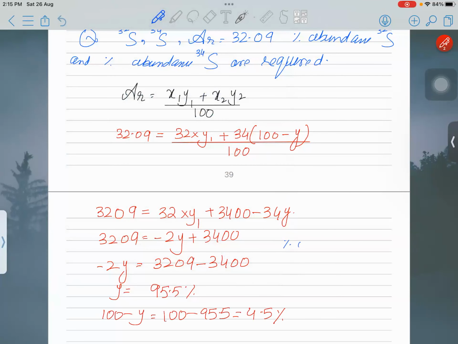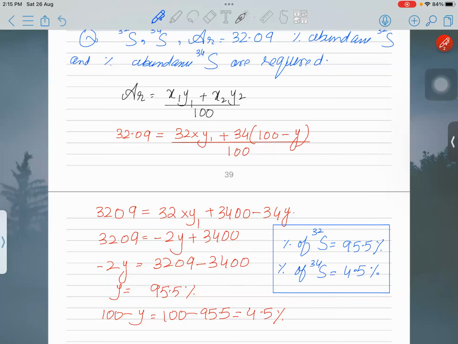So the percentage of sulfur 32 is 95.5%, and the percentage of sulfur 34 is 4.5%. Okay, any question?